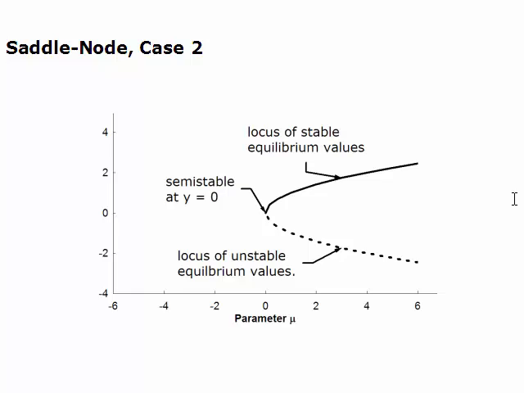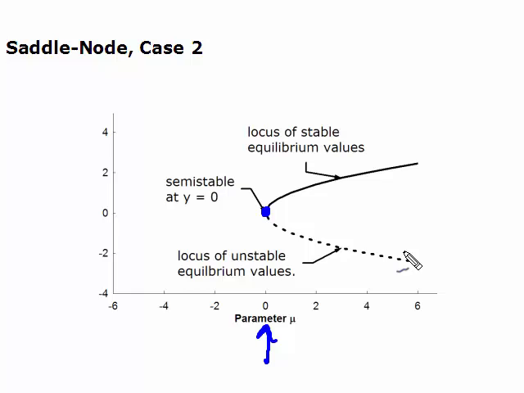And here's the result. This is saddle node case 2. We have one semi-stable equilibrium of y equals 0 when the parameter, in this case for this differential equation, happens to be 0. After that, it breaks into two equilibrium values. The positive one is stable in this case, and the negative one is unstable.